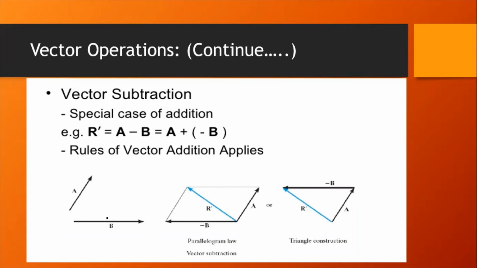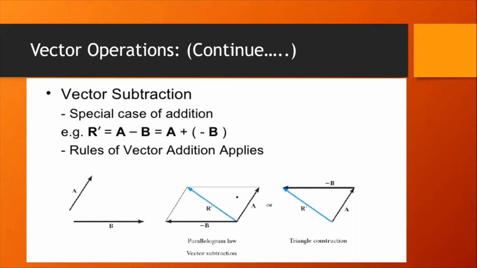Vector A, vector B, when you join both of them, you can make the parallelogram method, the parallelogram law. And how can you do that? For example, if vector B's direction is negative, you will change its direction to the opposite, from right to left, and this is the inclined vector A going up. So you will join this and make it.